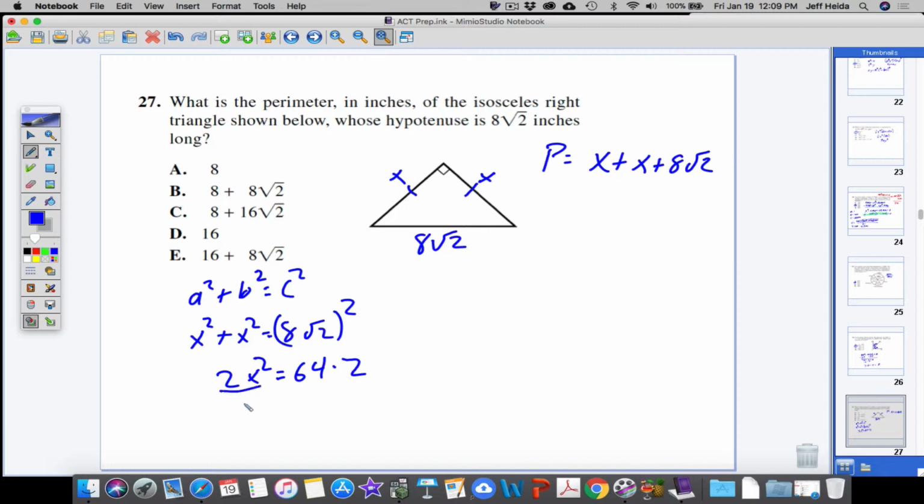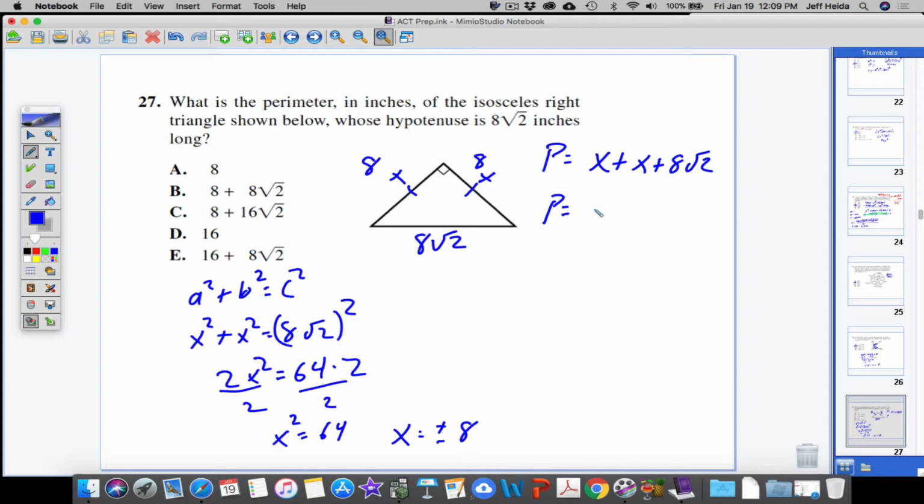I'm going to divide both sides by 2. X squared is equal to 64. So x is equal to plus or minus 8. And it's always plus or minus because negative 8 times negative 8 is 64. But since we're talking about lengths here, it's 8 and 8. It can't have a negative length.